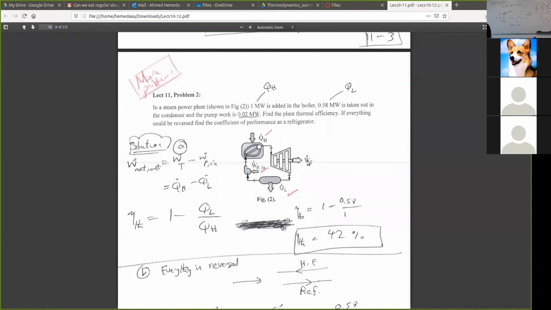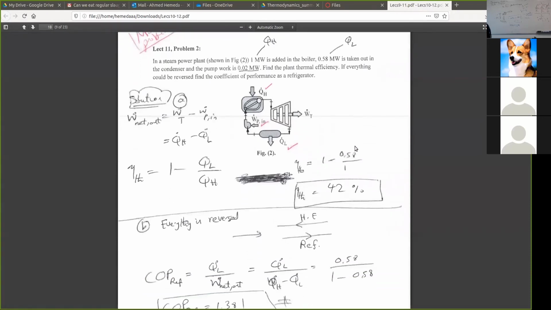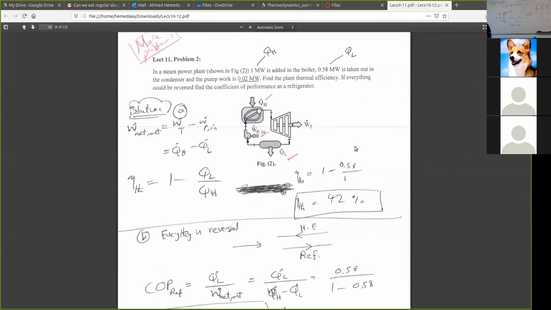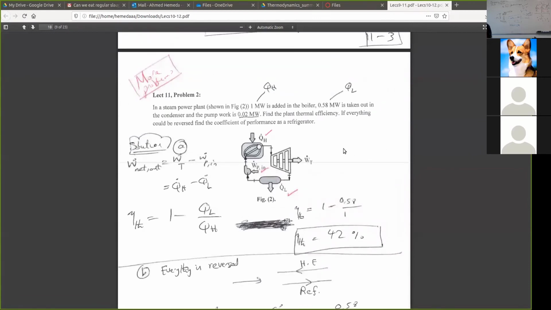Part of the work drives the pump, to pump the flow, and the rest goes out as W dot net. Make sense? Yeah, that makes sense. Thank you. No worries. So the net work is 0.42, but the turbine is 0.44 because I add this value to it. Some part goes to the pump, so the net is a little bit lower than W turbine.